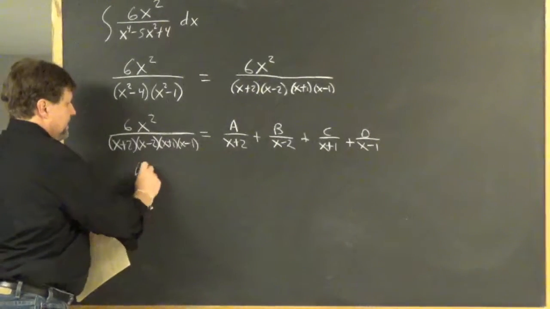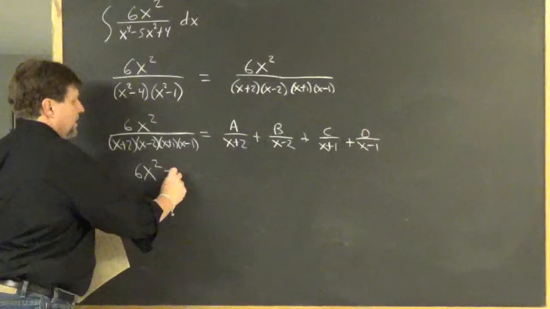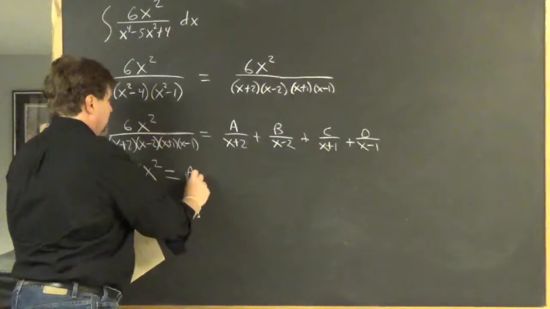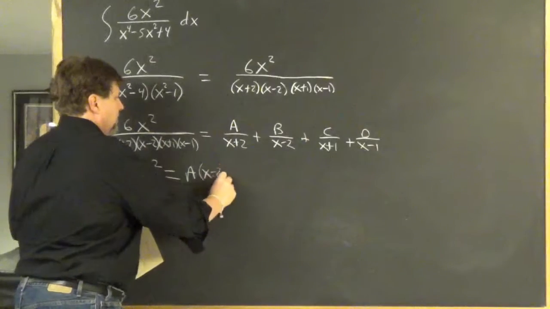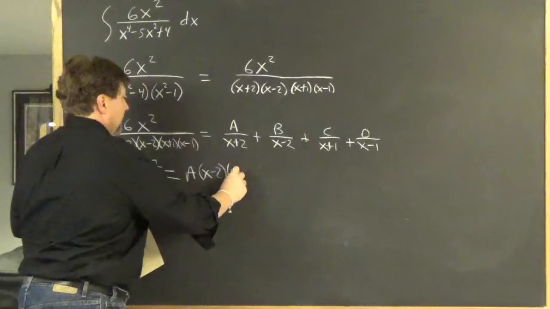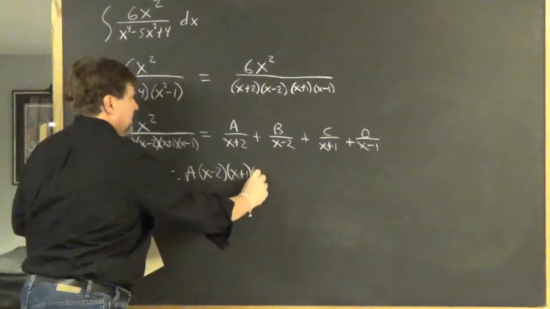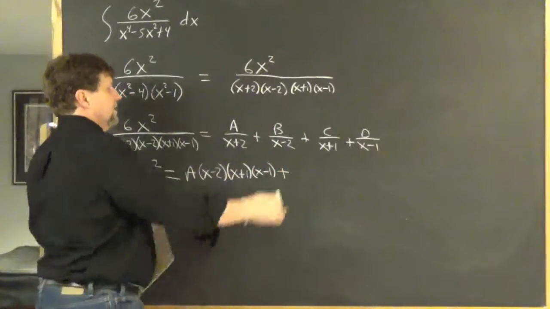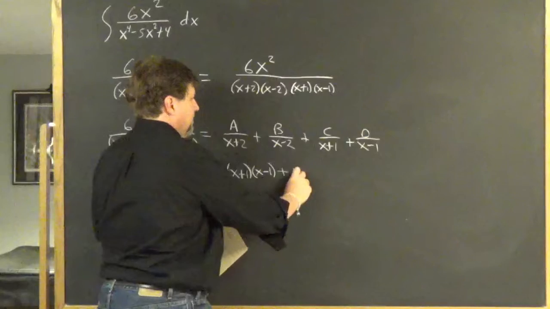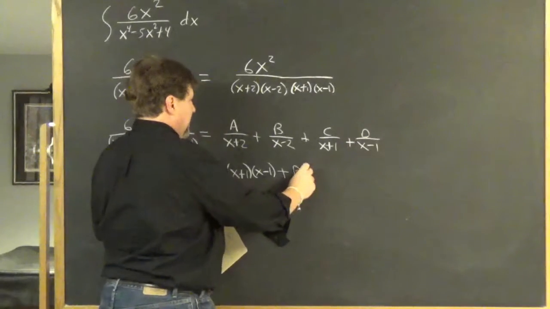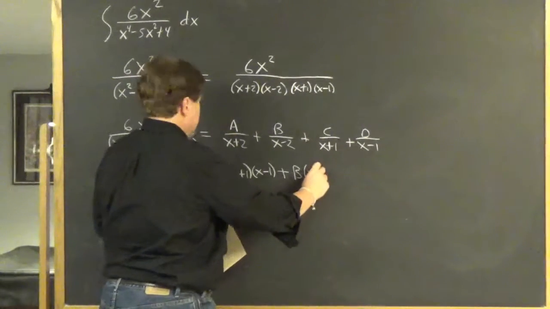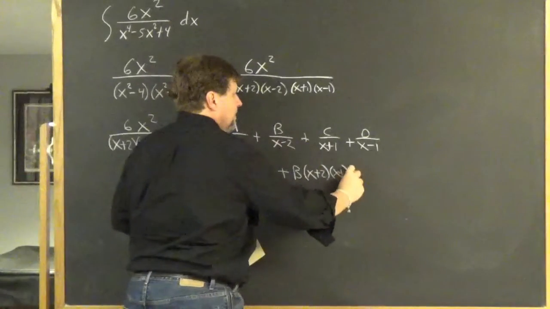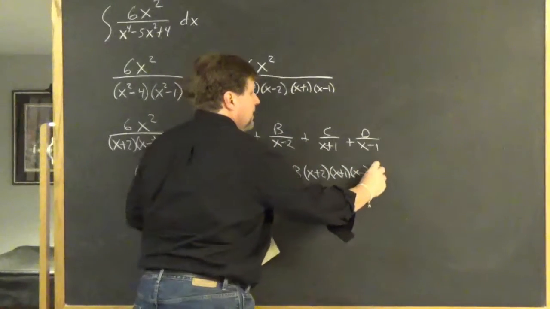Okay, so next, multiply both sides of the equation by the LCD. That gives me 6x squared equals A times x minus 2 times x plus 1 times x minus 1, plus B times x plus 2 times x plus 1 times x minus 1.